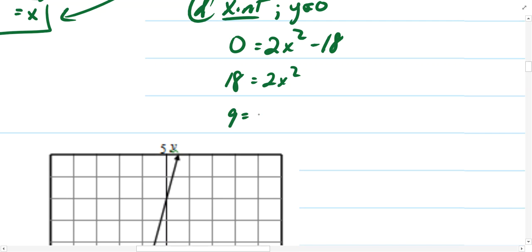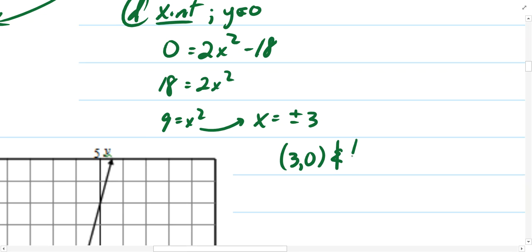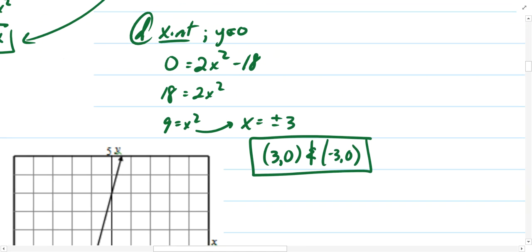We recognize that 9 is equal to x squared, and therefore the x-intercept is equal to both positive and -3. Since the x-intercepts occur when x is equal to positive and -3, I think the best way to report our answer is as a coordinate. So 3, 0 and -3, 0. Those are our x-intercepts.